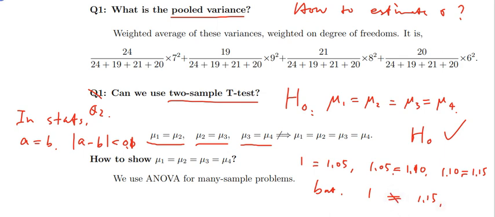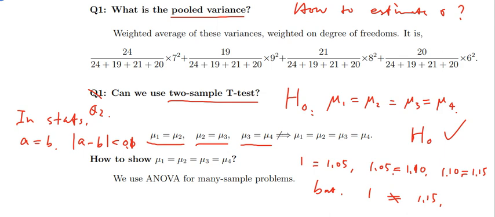So this is just the difference between math and stats. In mathematics, equal means exactly equal. In stats, equal means the difference is small, right?